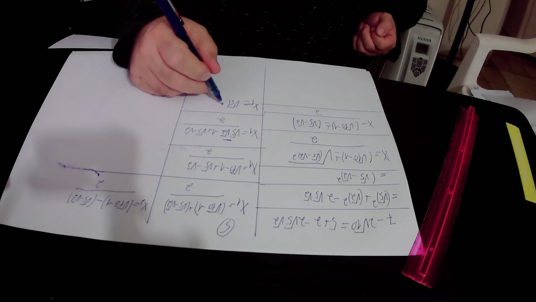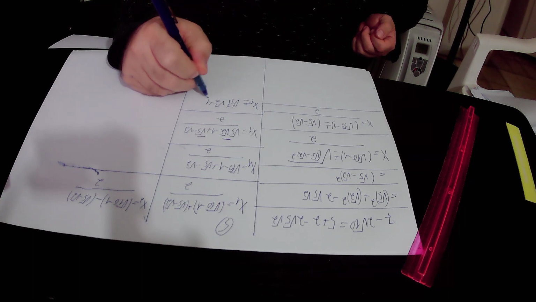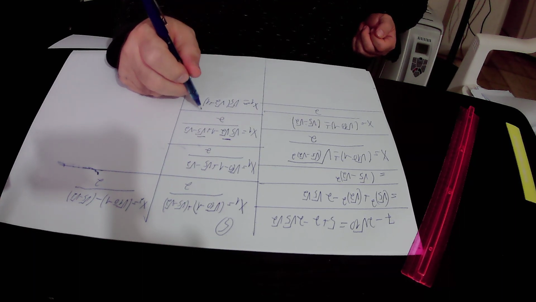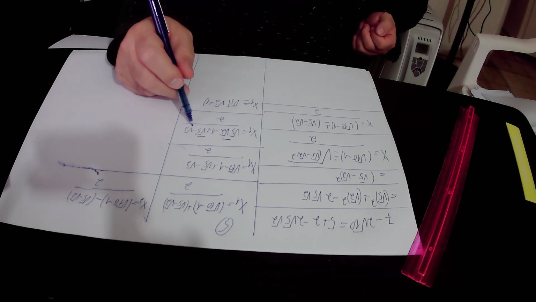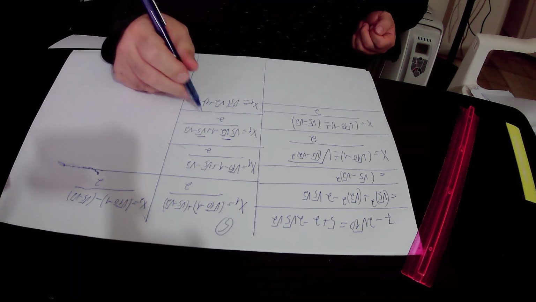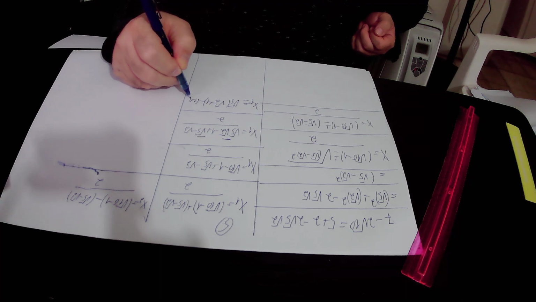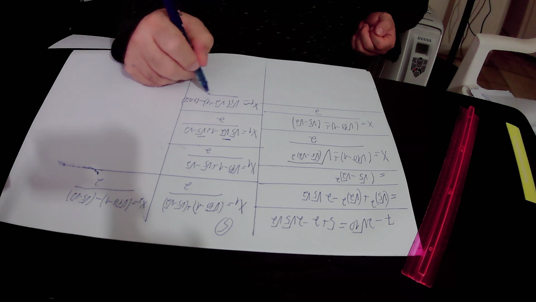And inside the brackets we will have square root of 2 plus 1, and we will take minus 1 as a common factor from minus 1 and from minus square root of 2. So minus 1 is a common factor, and inside the brackets we will have 1 plus square root of 2, all divided by 2.